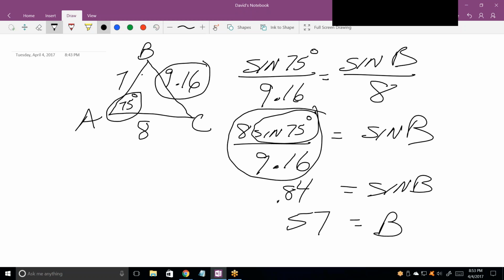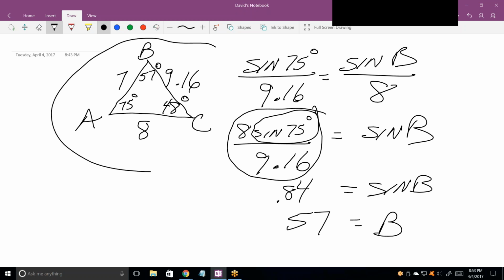Now, notice that I don't need to use the law of sines to solve for C. I've got two of the angles. What's angle C? It is 47.48. I've solved the triangle. I got all three sides and all three angles.